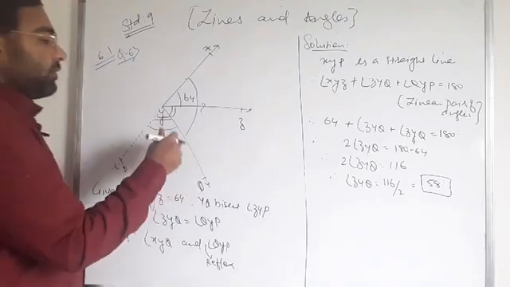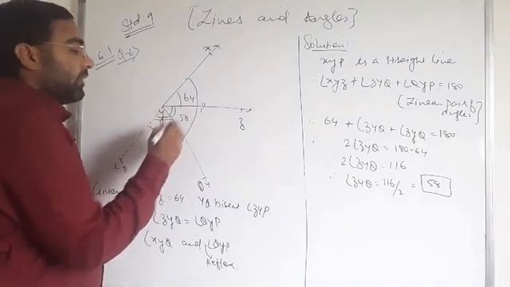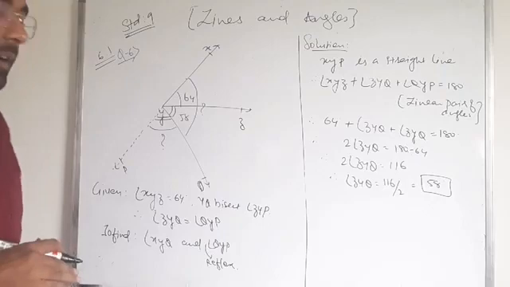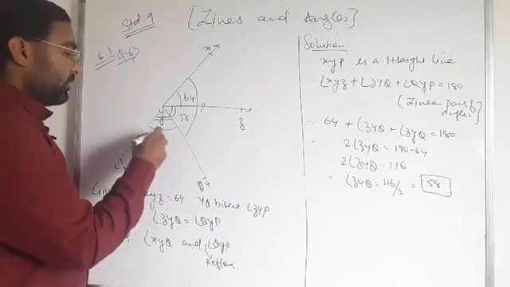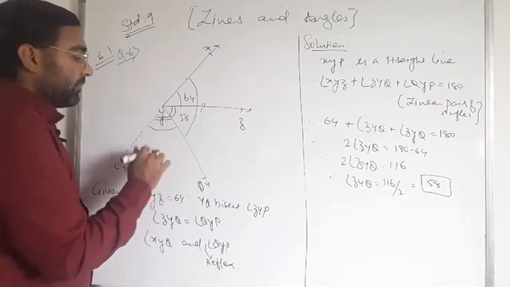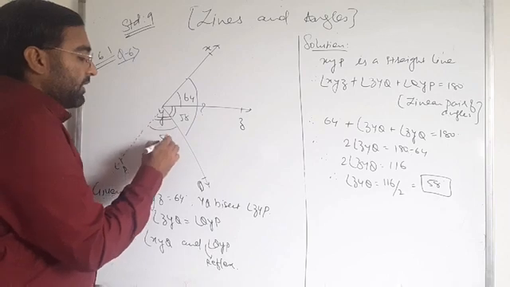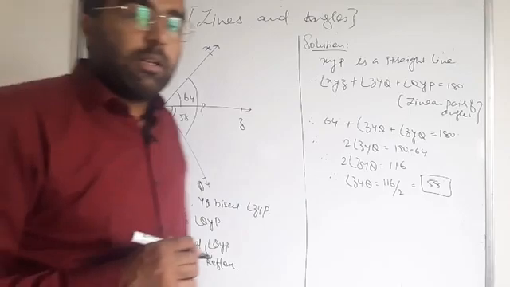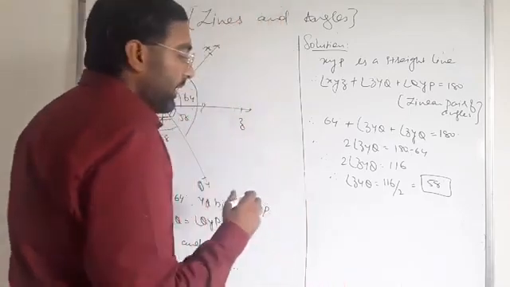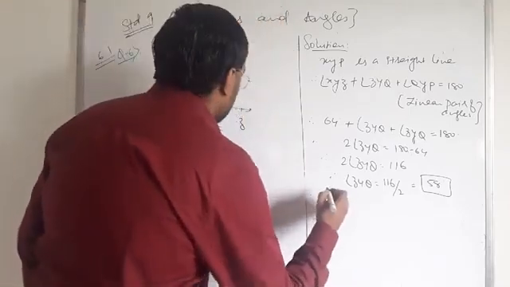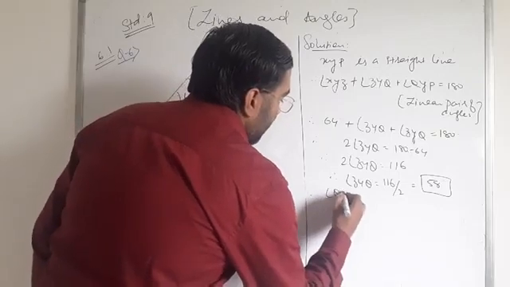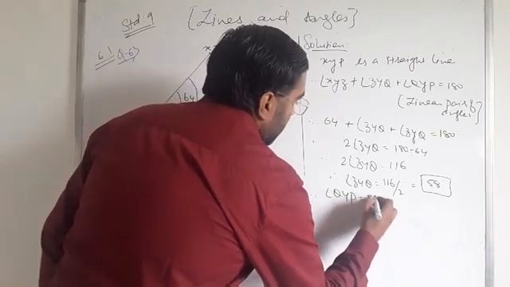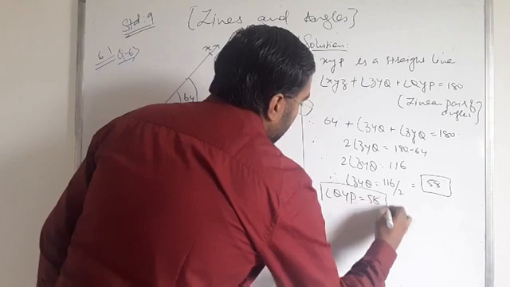My ZYQ is 58 degrees. If ZYQ is 58 degrees, then QYP is also 58 degrees. Clear? So I'll write it here: therefore QYP is also 58 degrees.